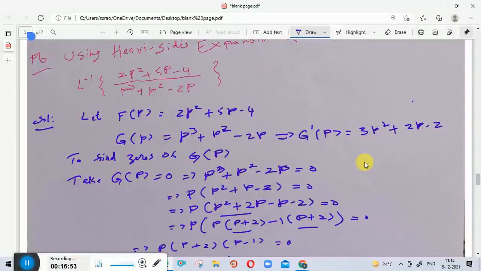Okay, this is g dash of p. Here also we will find g dash of alpha 1, g dash of alpha 2, g dash of alpha 3.